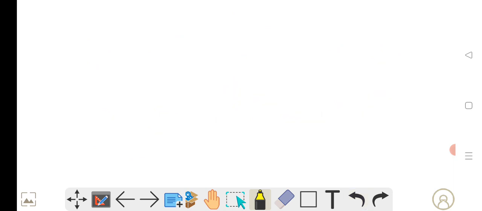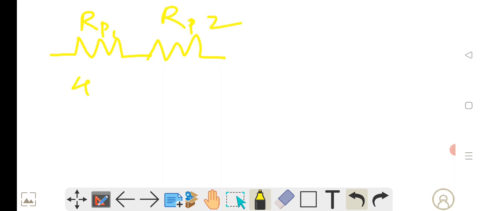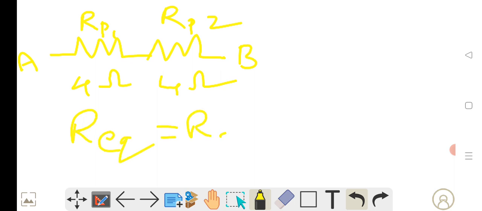So with this, we have seen in the diagram Rp1 and Rp2 are in series, because 4 ohm are connected between A and B. So the equivalent resistance R equivalent, you can simply write Rs is equal to 4 plus 4, 8 ohm.